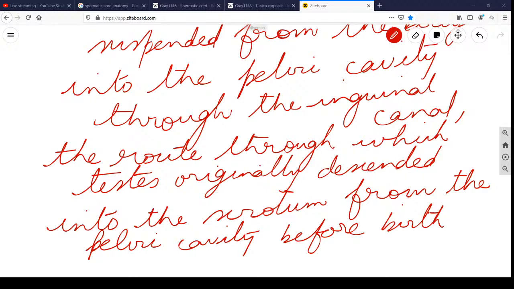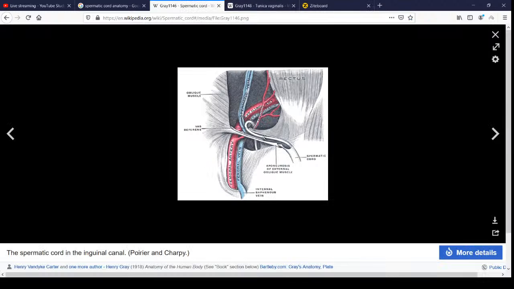It also contains two testicular veins, known as spermatic veins, which carry blood away from the testis. Okay, so that is what the spermatic cord can contain. So just understand the anatomy. So this is your spermatic cord. You can see the vas deferens is present in the spermatic cord itself.